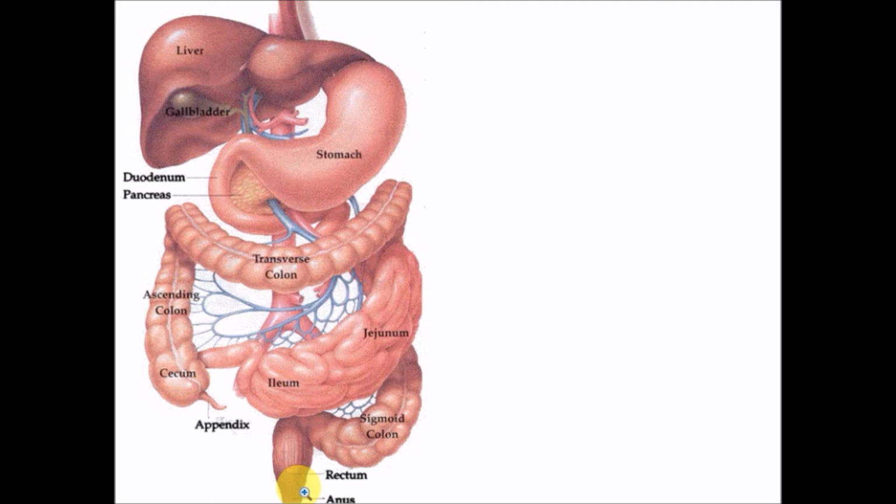We don't really control it, but the external one is voluntary. These are the different sphincters of the anus, and they keep the remnants, or the feces, within the rectum and the anus until it's the right time. The inner one will open by distension only. Once the rectum and the anus start to distend, the inner one will open, but the external one will not open until you voluntarily relax it.